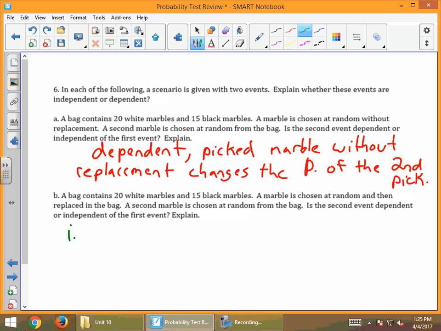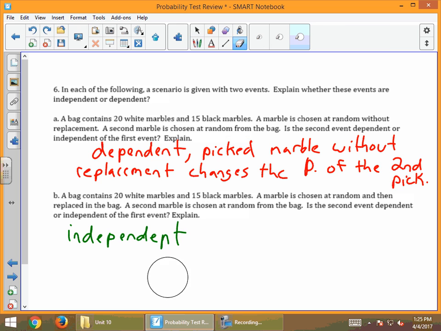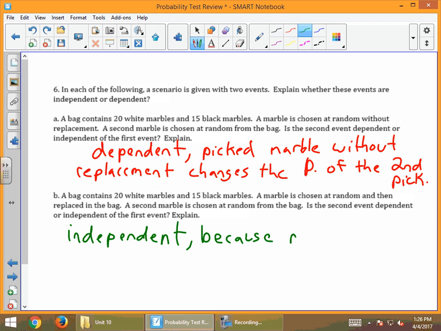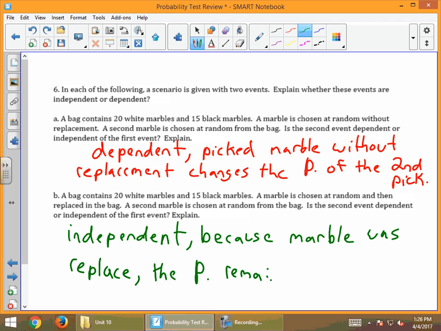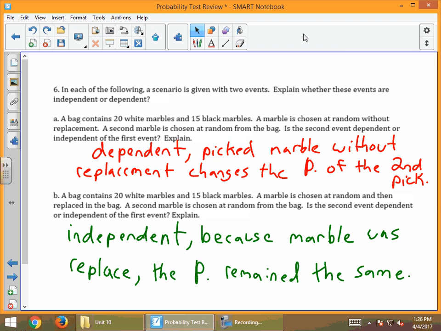Yeah, it is independent, because the marble was returned and the probability remained the same. Take it out, put it back in. I still have the likelihood of doing the same exact thing.